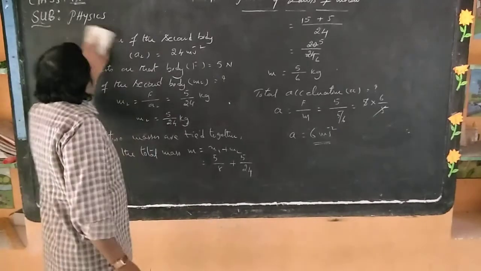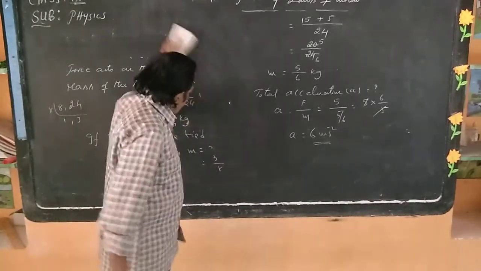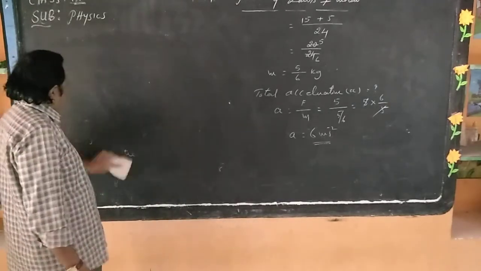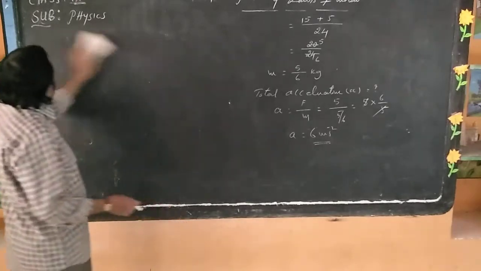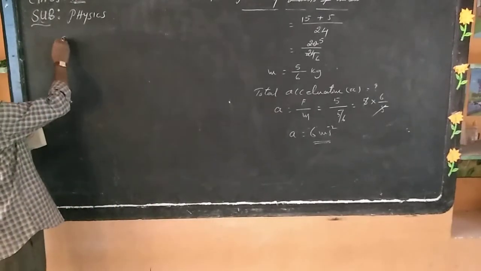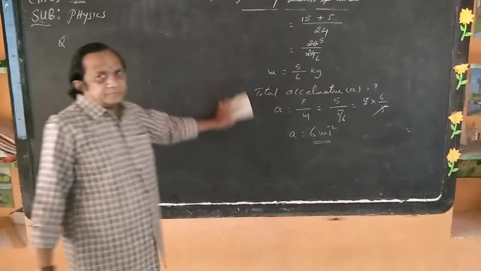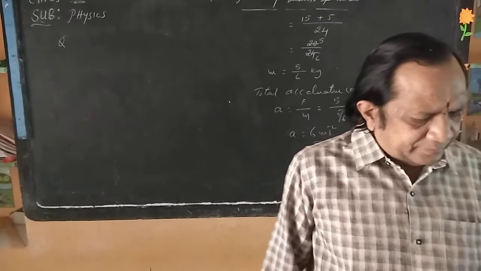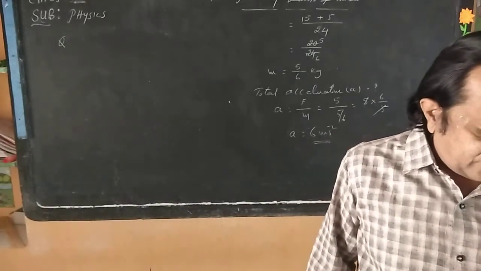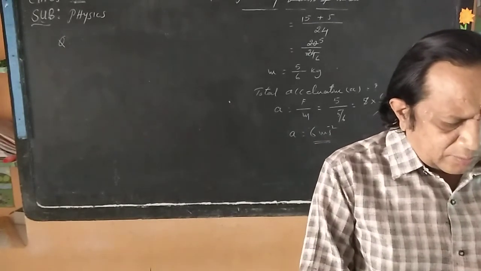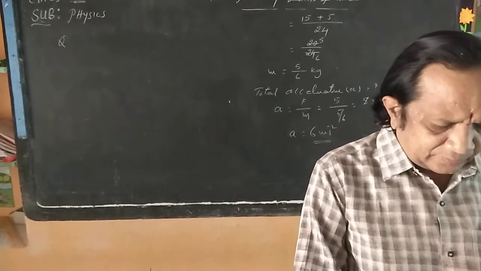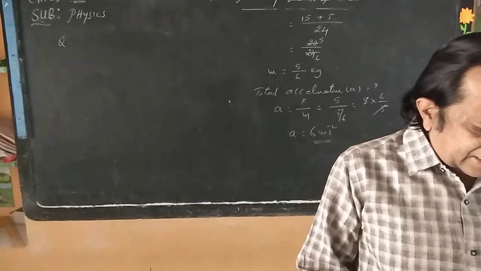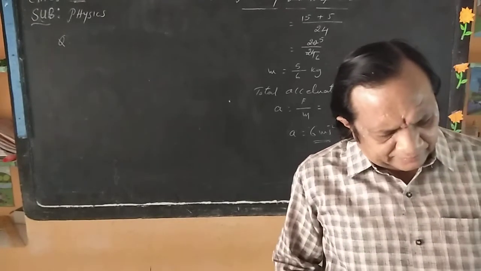In the next question we have to observe, here a hammer of mass 400 gram moving at 30 meter per second strikes a nail.